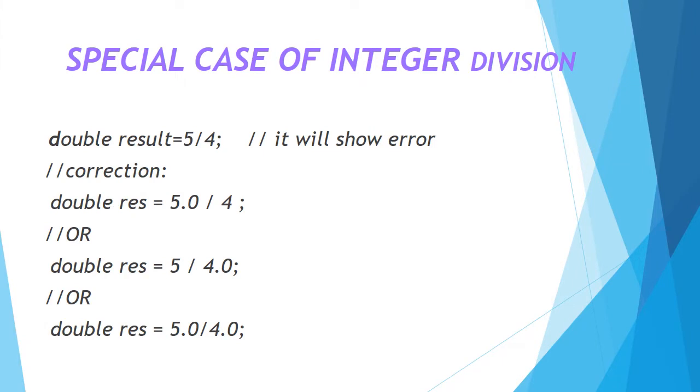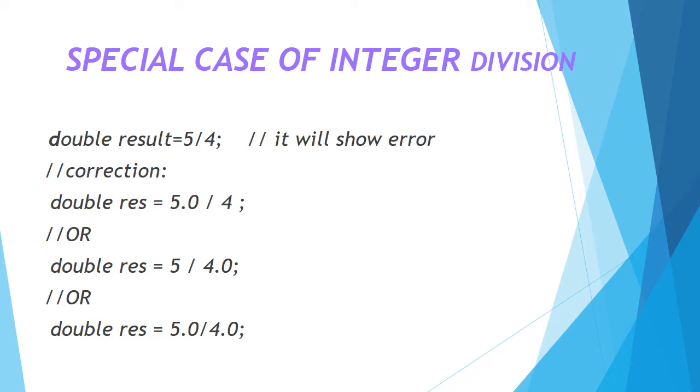Special cases of integer division. If we want to divide two integers, where the dividend is an integer and the divisor is also an integer, for example, dividing the number 5 by another integer 4, and we want the correct output in decimal form, then we can write double result is equal to 5 divided by 4.